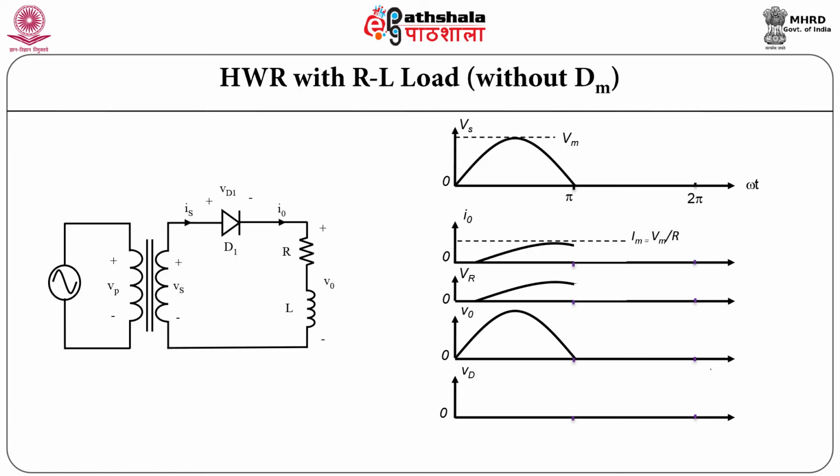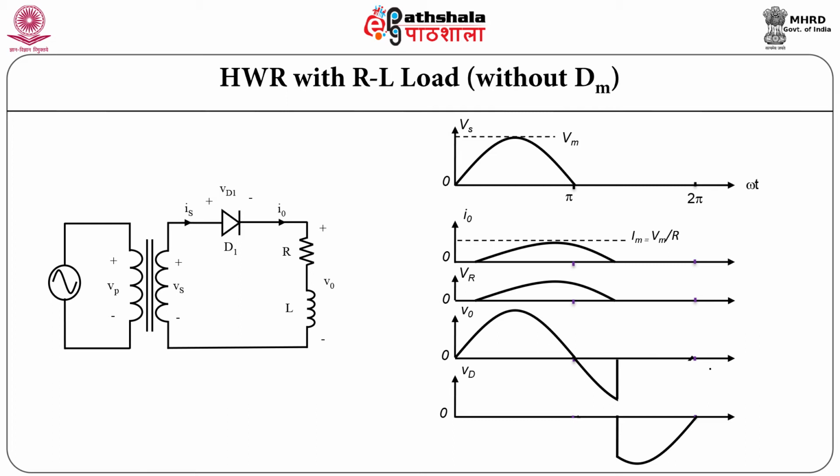Now, this is the circuit of half wave rectifier, but here the load is changed. The RL load is used here. During the half cycle, the output current is delayed by some time. When input voltage goes to 0, the diode current cannot become 0 because of the inductive load.